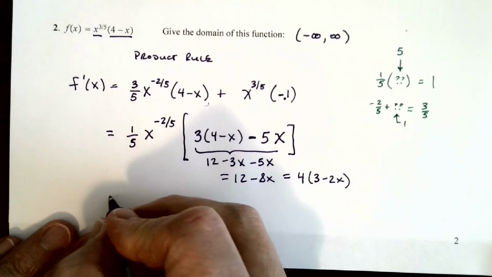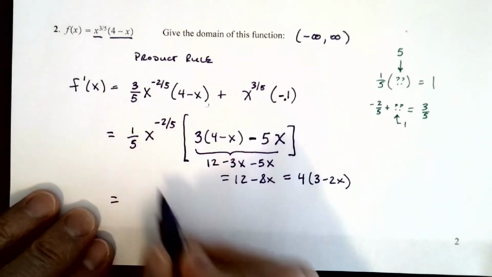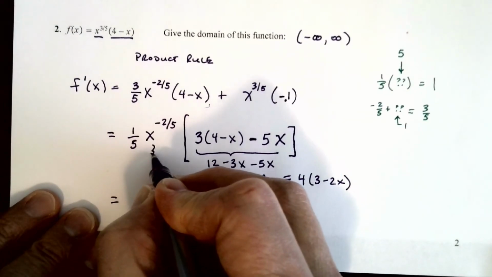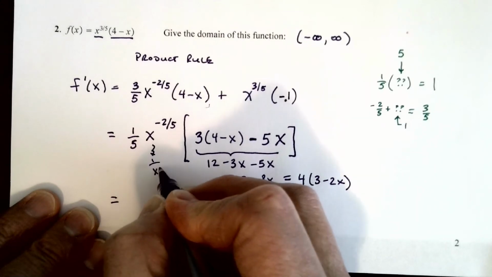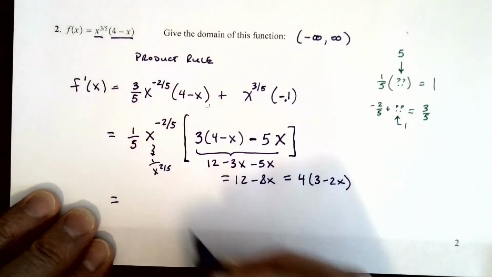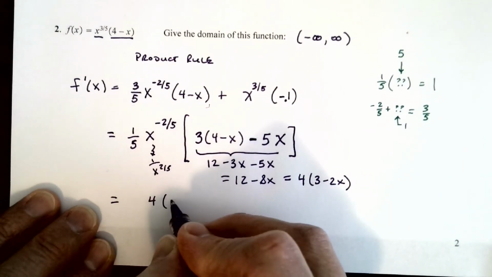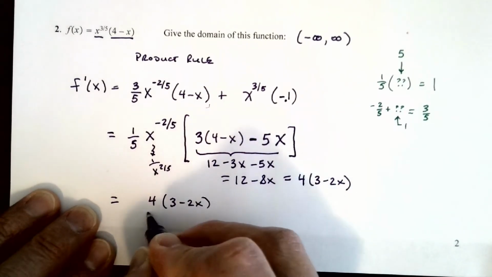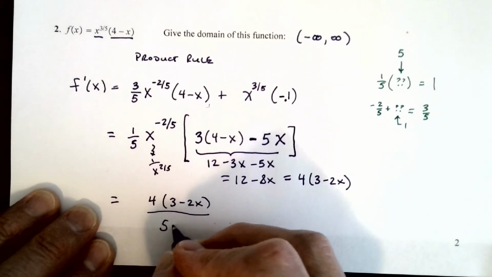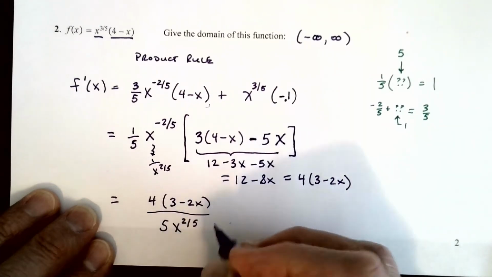And so the bottom line is, what do I have? This, of course, becomes what? 1 over x to the 2/5, right? So I'm left with, up top, 4 times 3 minus 2x over 5 times x to the 2/5. Right?